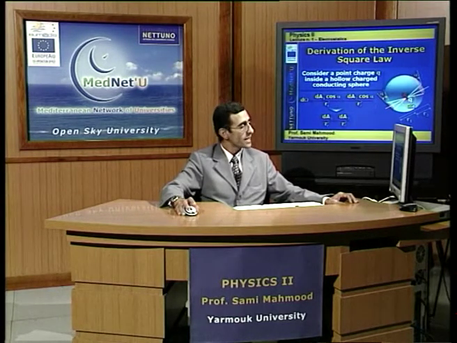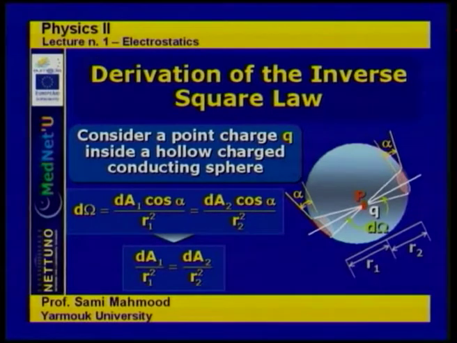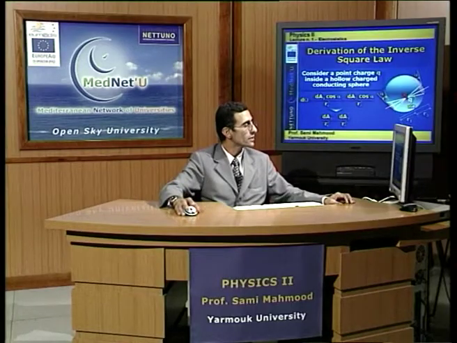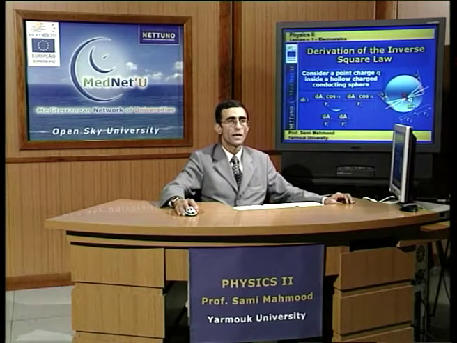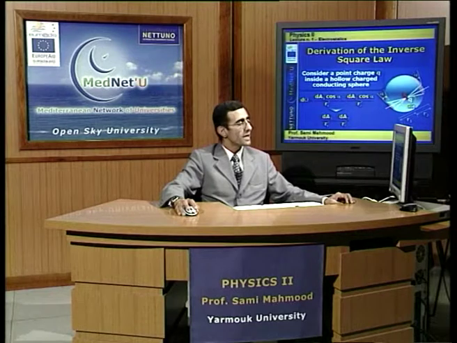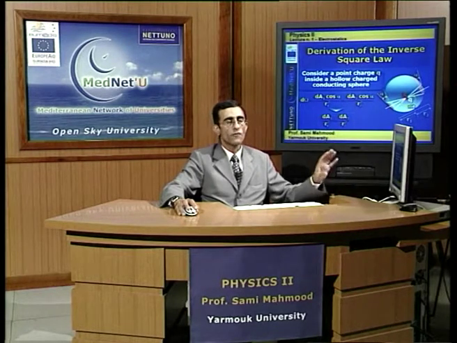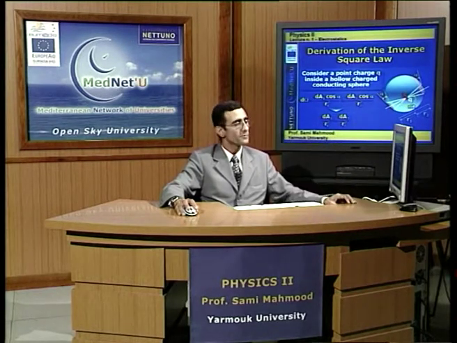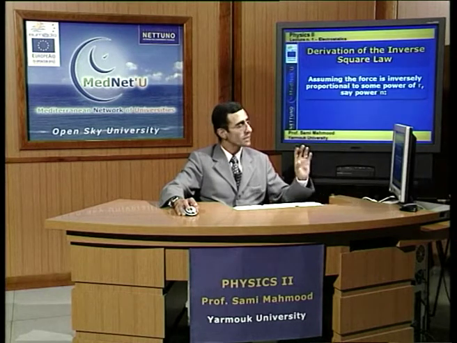And accordingly, we derive the formula dA1 over r1 squared is equal to dA2 over r2 squared, where dA1 and dA2 are the surface areas of the two elements on the opposite sides on the shell. This is coming from the geometrical argument, and now we go to calculate the force.